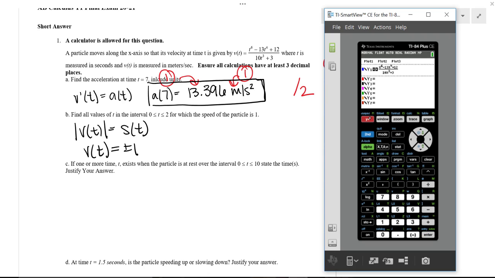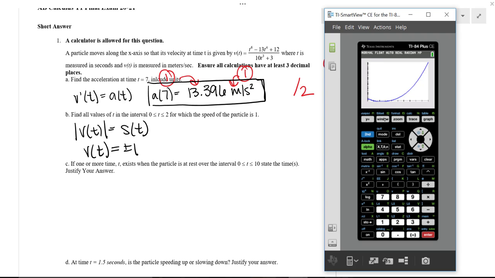So I'm going to come back here to my graph, and let's do some little zooming right here. Let's do a zoom fit just to make sure that I'm going to get my entire function showing. There we go. And we're looking for an interval of 0 to 2.